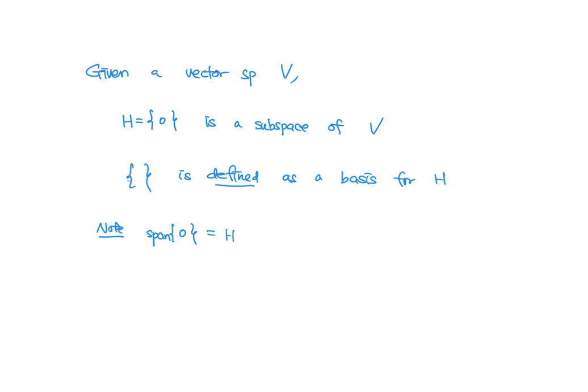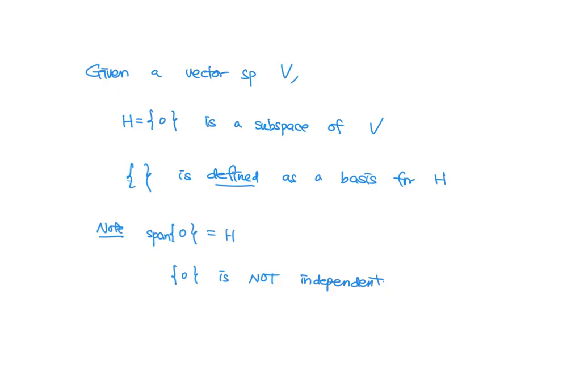The problem is that if I have the set of zero vector, that is not linearly independent. If I have a set of one vector, I said the set will be independent only when the set consists of a non-zero vector. If the set consists of 0, it is linearly dependent. Actually, if you consider any set with some zero vector in it, the set will be linearly dependent.